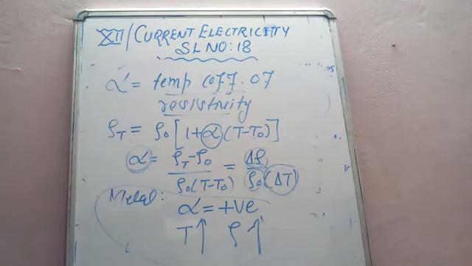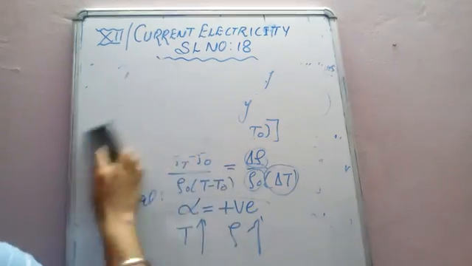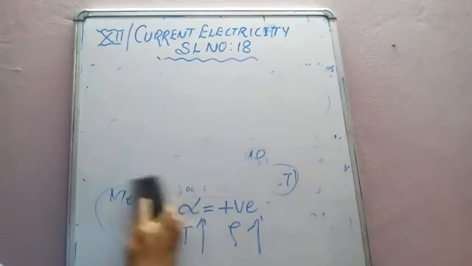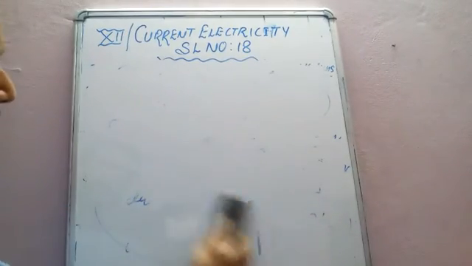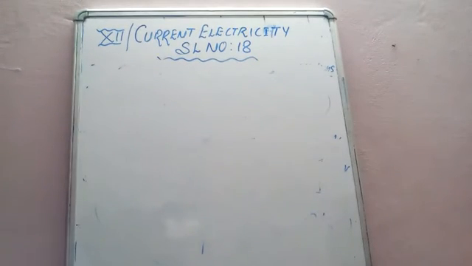Now let's take the relationship between change in temperature and resistivity for three types of material. First we are taking metals, the pattern of variation.